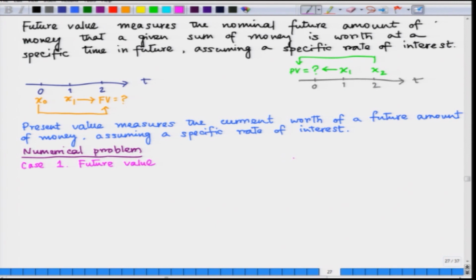And case 2, we will talk about present value. Let us introduce the abbreviations FV and PV.